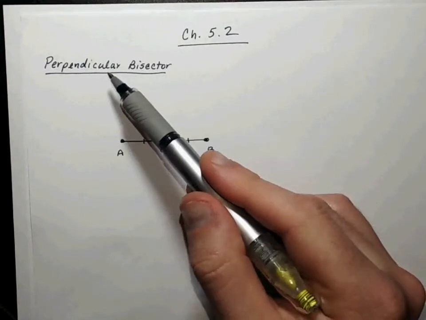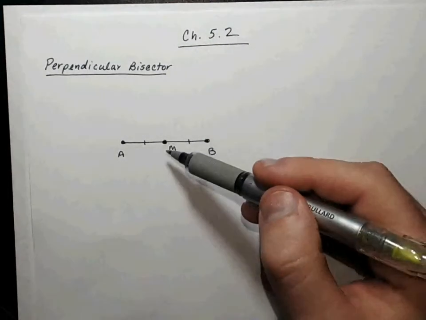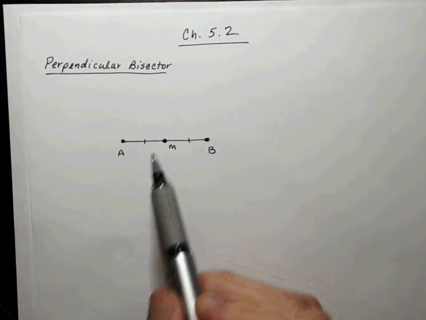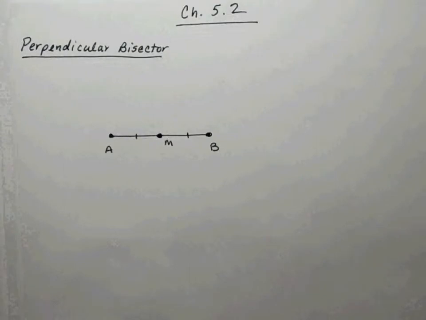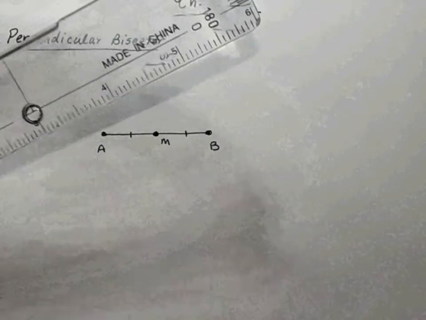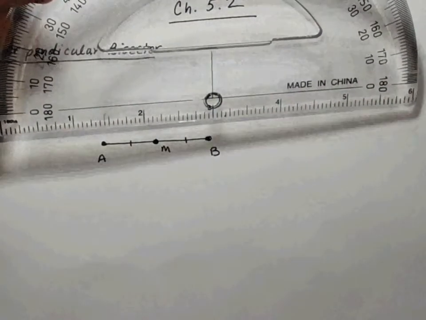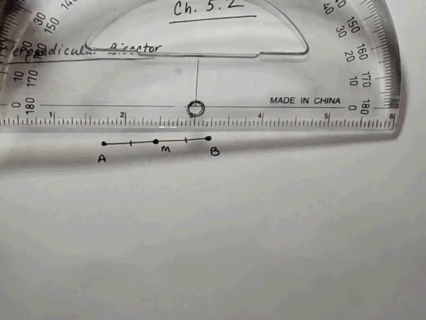Now we need to make sure that it is perpendicular. So we're going to draw a line that is perpendicular to AB and goes through point M. Now you need to pay attention because this can get confusing to some. You're going to need a ruler of some sort. Most every ruler that you buy now is transparent. You can see through it.